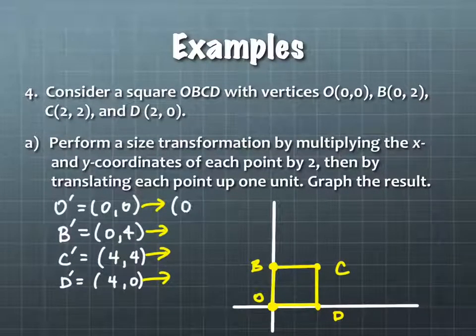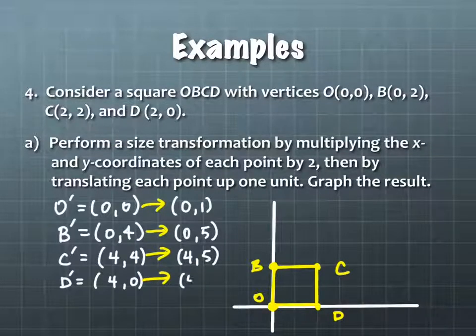So this first point becomes 0, 1, and the second point becomes 0, 5, and then the third point becomes 4, 5, and the last point becomes 4, 1. So is everybody good with the two transformations that we did?